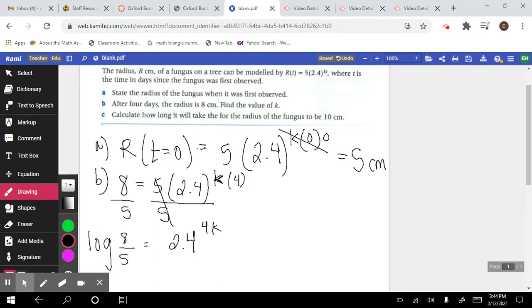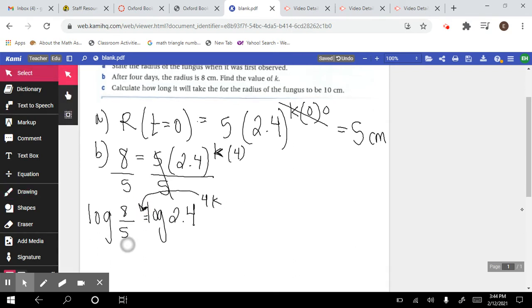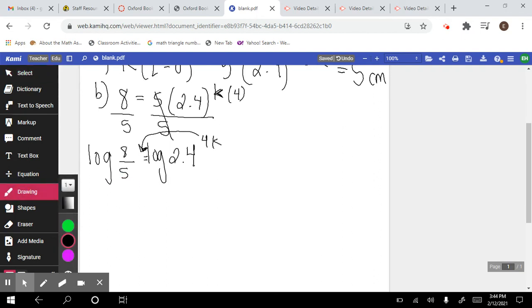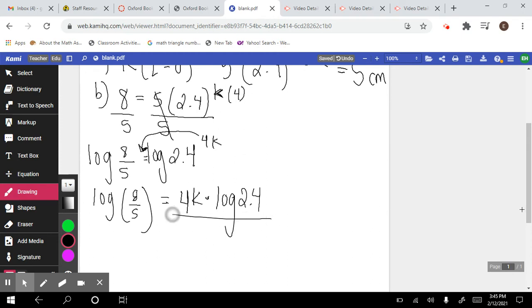So we're going to do a log there and do the same thing to the other side. And that's going to allow the part that I need to solve to come down. So let's go ahead and keep going. So we have log of 8/5 equals 4k times log 2.4. Okay, almost done. So I'm going to divide by everything that is not a k, leaving it on the right side.